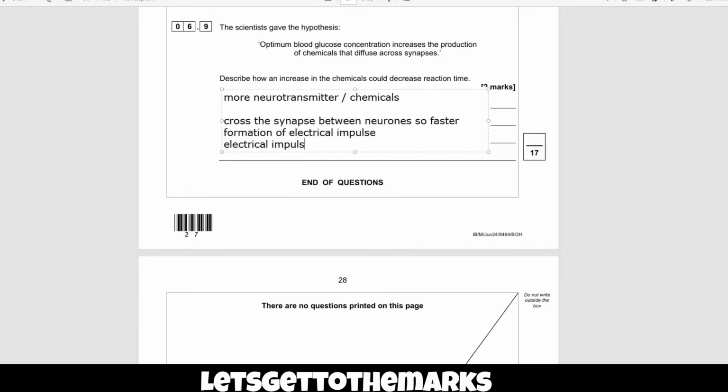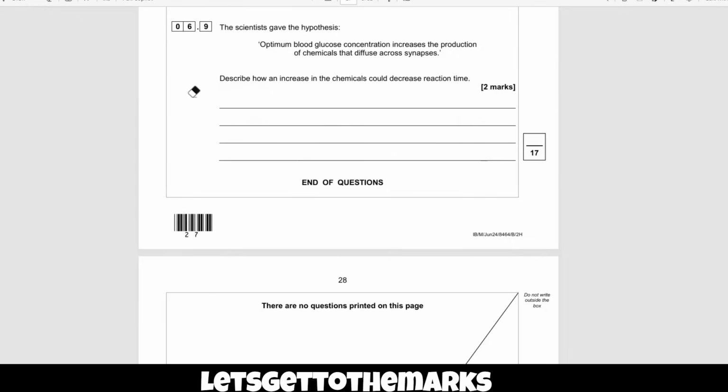Electrical impulse gets to effector more quickly. Actually, I'm going to delete all of that.